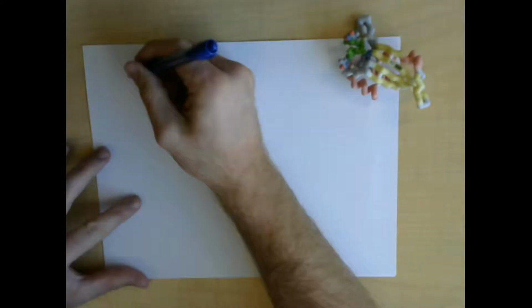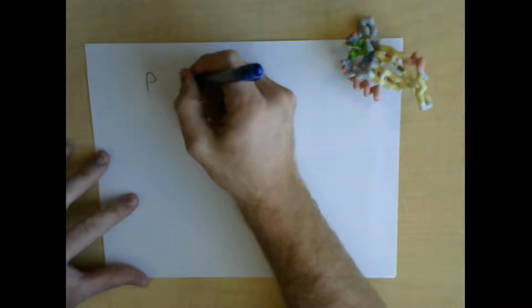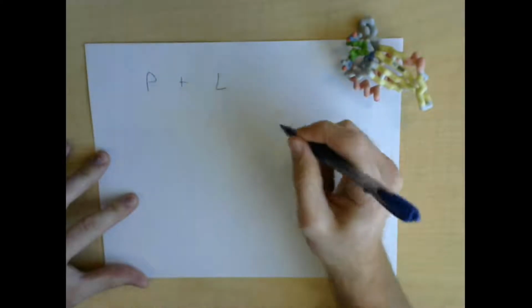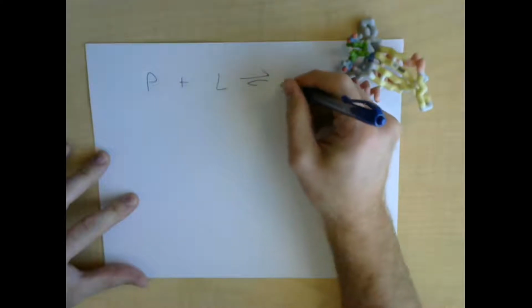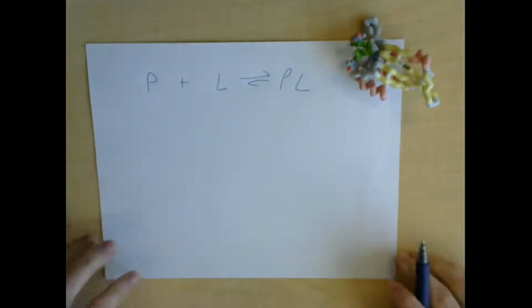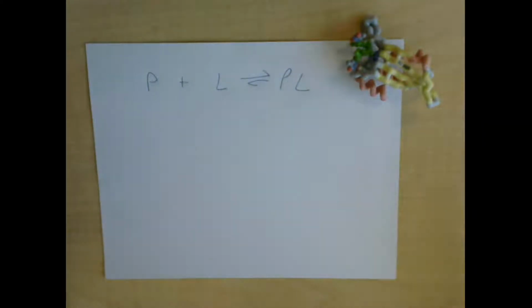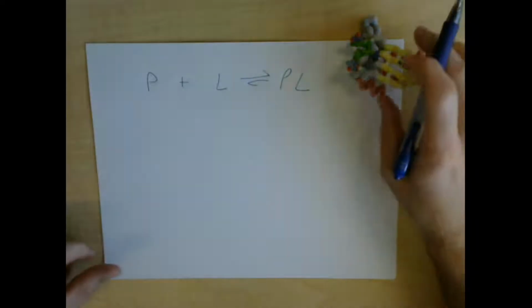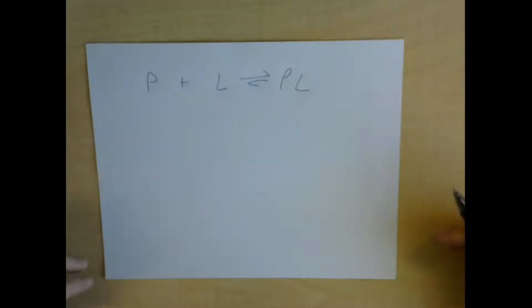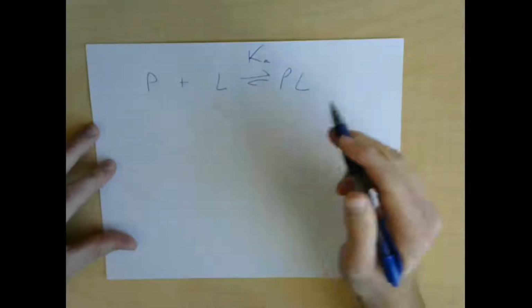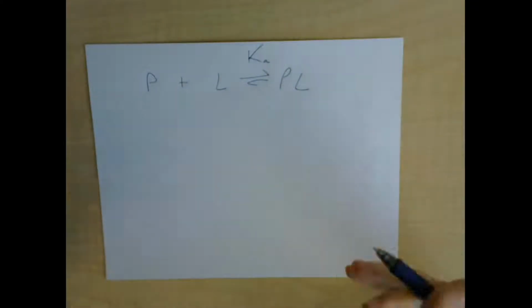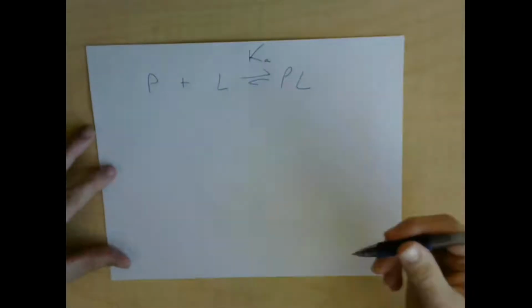Let's write out what it is we're talking about. So my protein binds one molecule of my ligand and does so reversibly to form the PL complex, the protein-ligand complex. Okay, so now we can write an equilibrium constant. This can be described by an association equilibrium constant, just like any other reversible reaction can.